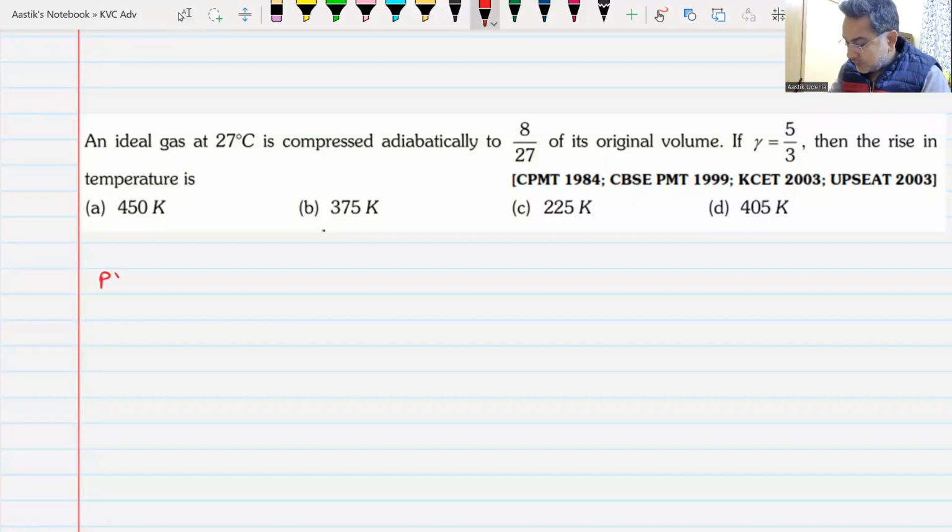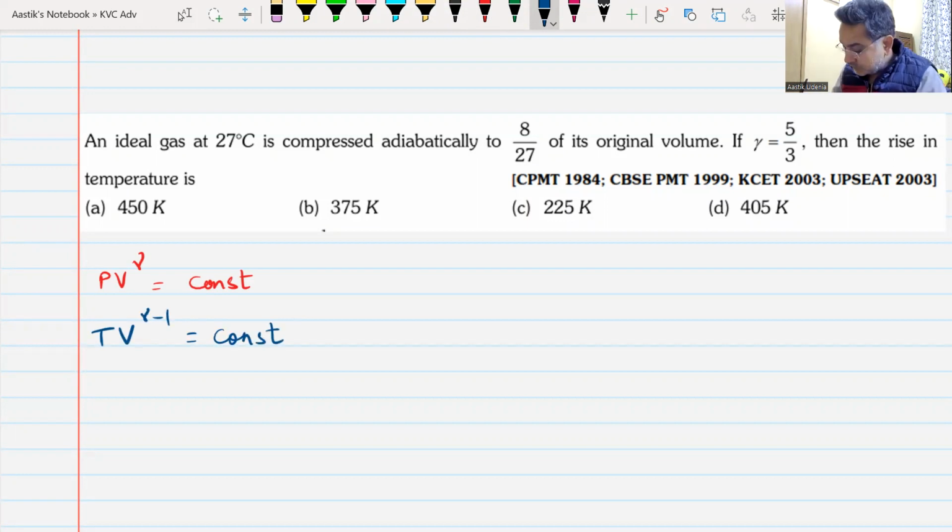So you have to use the equation PV raised to the power gamma as constant. Here, temperature and volume are given, so you have to use the relation between temperature and volume. T V raised to the power gamma minus 1 is constant. That is the relation. Yes or no?